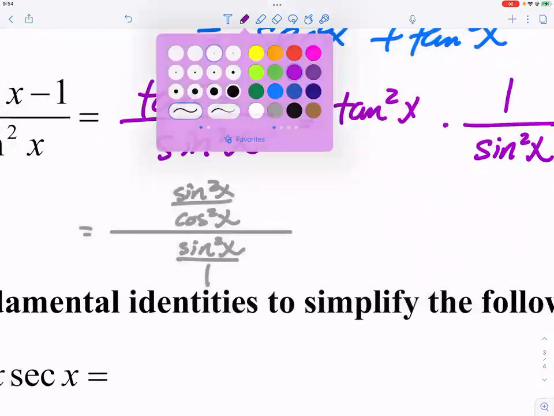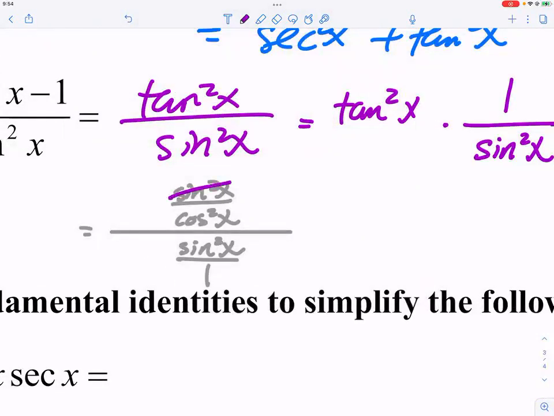You can say, well, for both fractions, you have a sine square x in the numerator, then you can cancel them out. But if you're not comfortable with this reasoning, then stay away from this. Only do this if you know what you're thinking. So the denominator just becomes 1, so we don't have to worry about it. So you have 1 over cosine square x, so therefore it is secant square x.